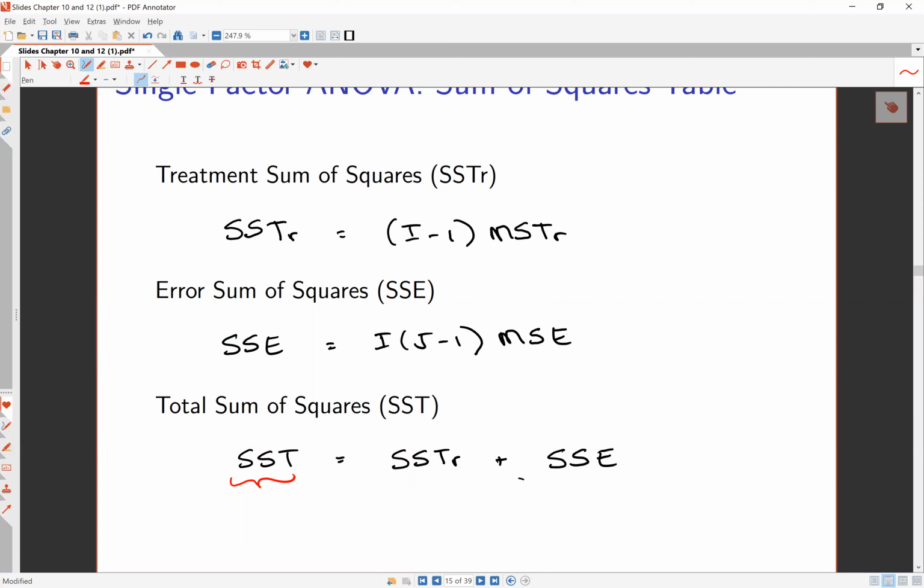Total sum of squares is a measure of the total variability in the data. So it tells you how much variability in the data exists, but it attributes it to two different components: the variation that is due to the treatment and the variation that is due to random error.